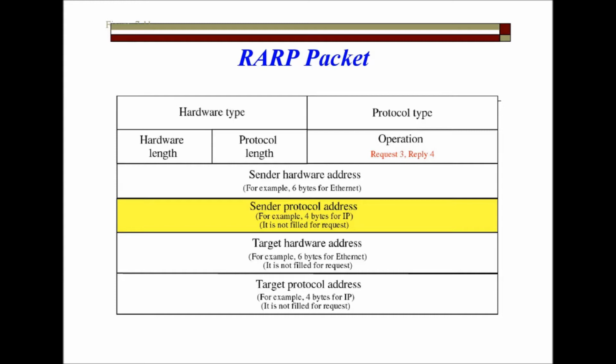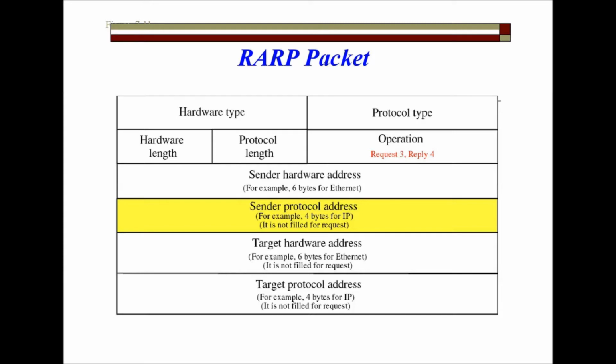Next is hardware length. Over here, the length of the hardware physical address is an 8-bit field, and the value for Ethernet is 6. So this is HLEN, and we use the number 6 for the physical address.